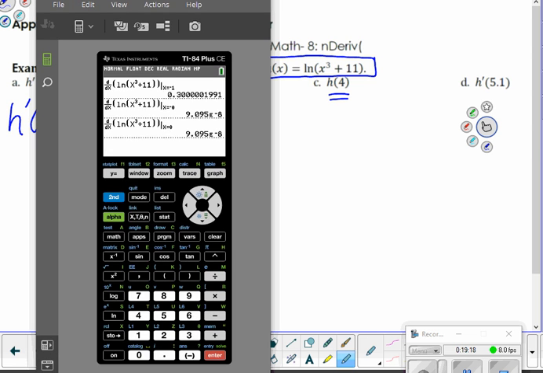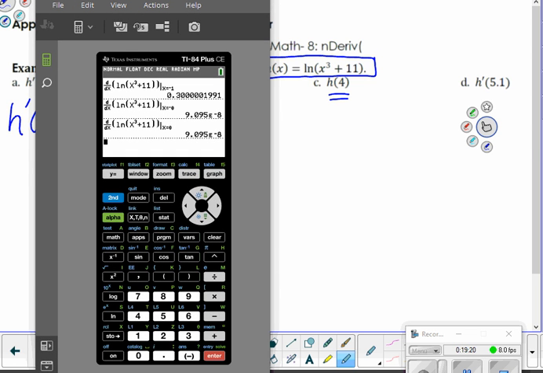Okay. H of 4. Well, I can't really copy and paste because I don't want to do a derivative. Maybe make a note to yourself: no derivative. I just want to know what the function evaluated at 4 is.